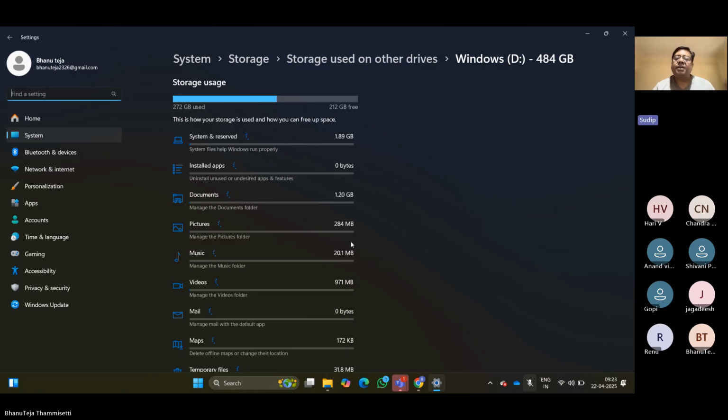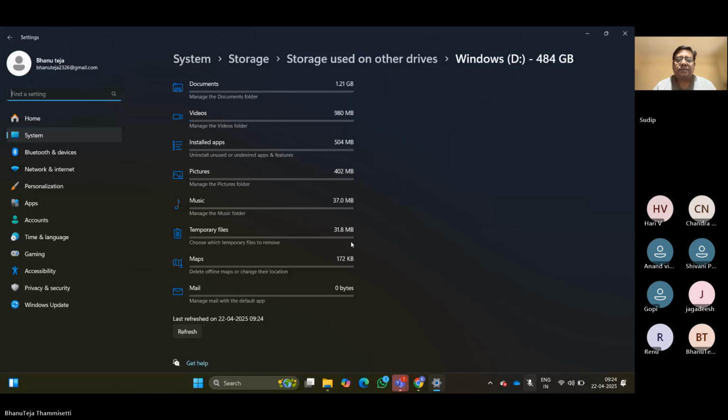How much is free? 212 GB. Which kind of file is occupying how much space? All that is visible here. So, who is keeping track of all this? That file system, NTFS, is keeping track of all this. Right? Can you scroll down, Bhanu? Right. Now, can you close this?